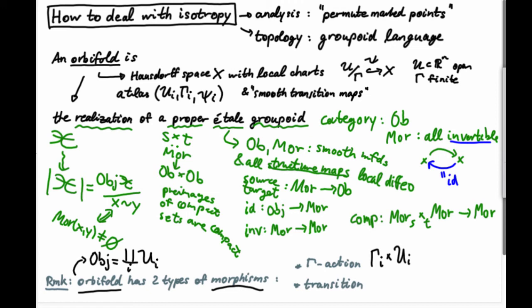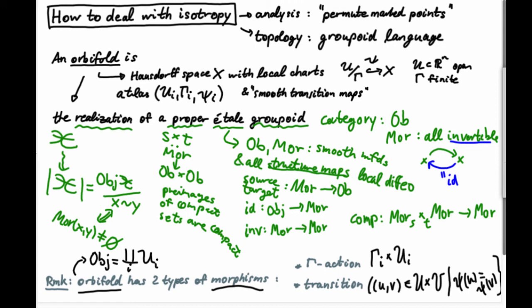Actually, I should take the pairs U, V, so U times V, two of these open sets, and those are objects, where psi of U is the corresponding psi of V in the orbifold.